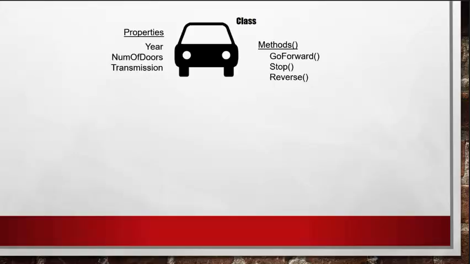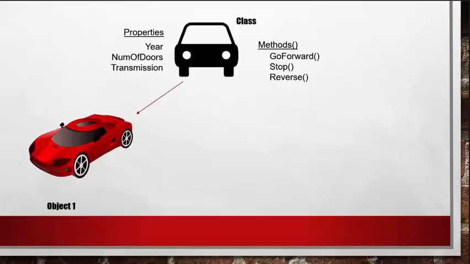So from our blueprint or our abstract or our class, we can create another copy. We can create a car, a unique car from that blueprint or from that class. So in this example, I've created the first object from my blueprint or from my class.